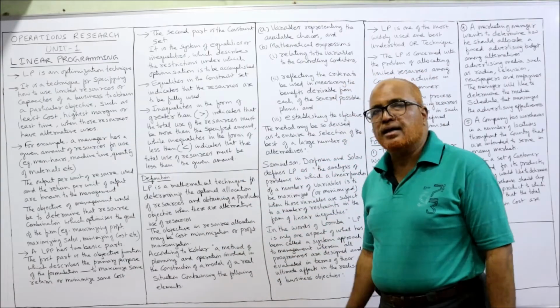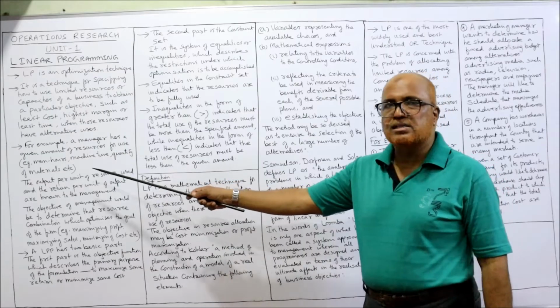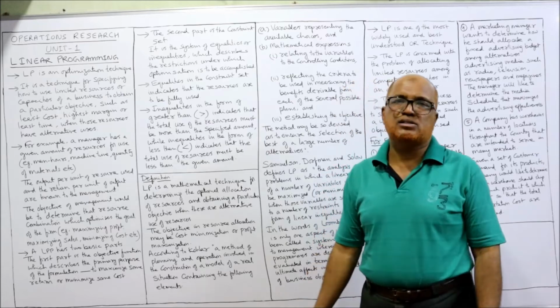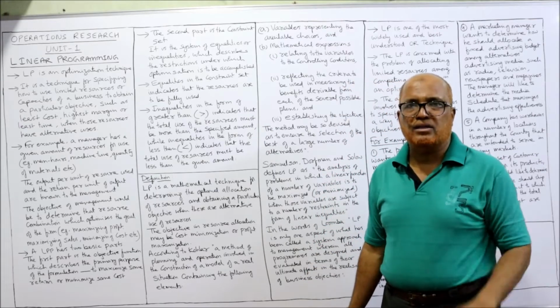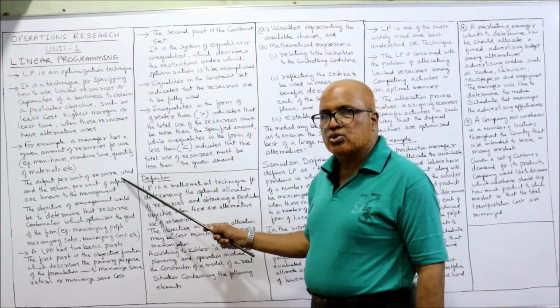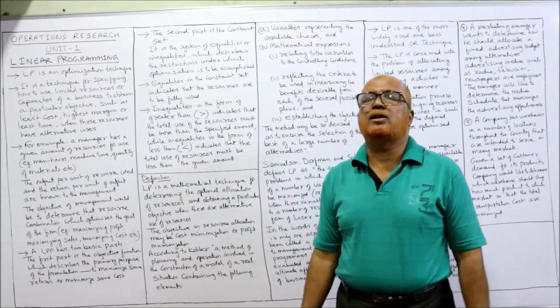For example, a manager has a given amount of resources for use, such as man hours, machine time, quantity of material, etc. These are the resources on hand with the manager. Now, the output per unit of resource used and the return per unit of output are known to the management.